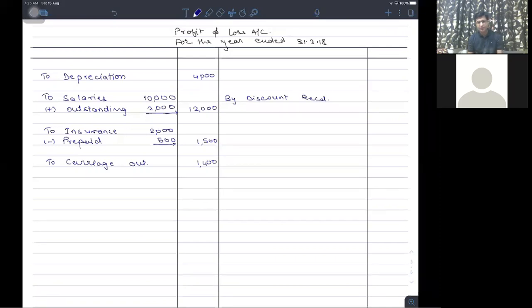You received it from your suppliers only, but it is received for the prompt payment of their dues, and therefore it is considered as an indirect income. And to postage 800. All right.